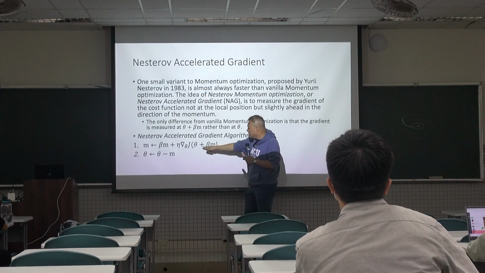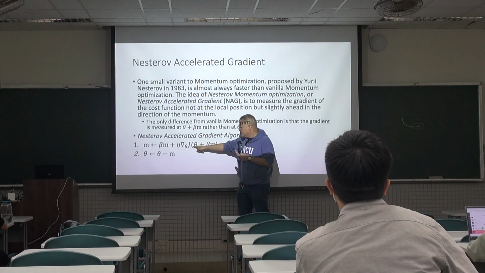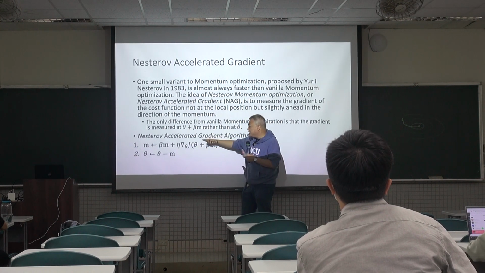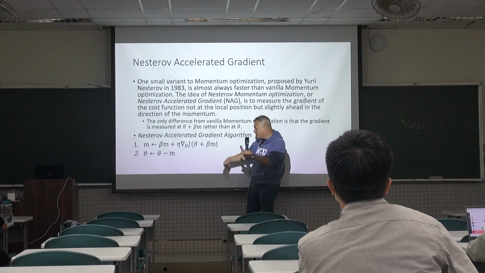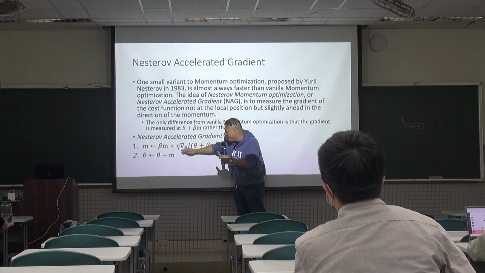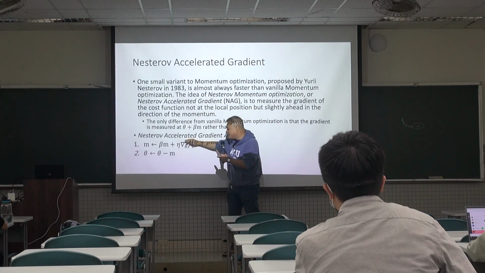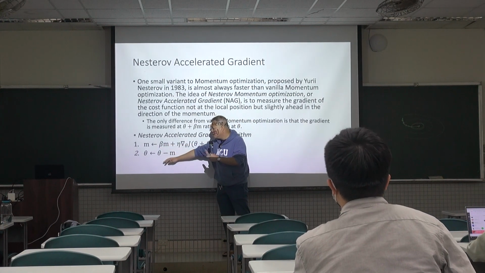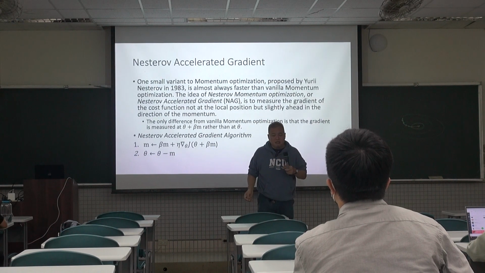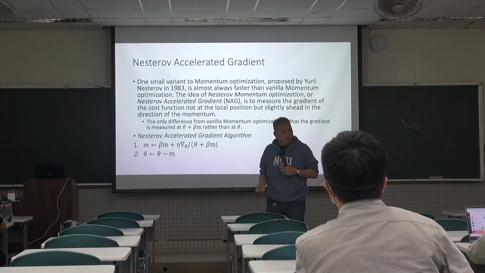So here, they try to get the gradient from the future location and use that as the gradient vector. The other parts are pretty much the same as the momentum optimization.